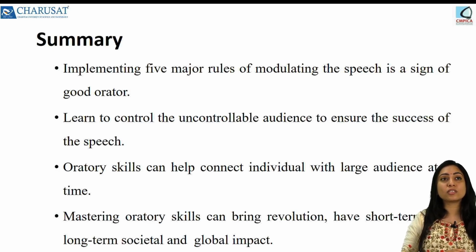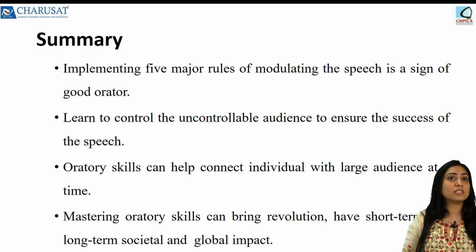We are going to see how to control the uncontrollable aspect of the speech. That uncontrollable aspect of the speech is basically the audience: how they would react, how they are going to respond to the words that you have said, right?